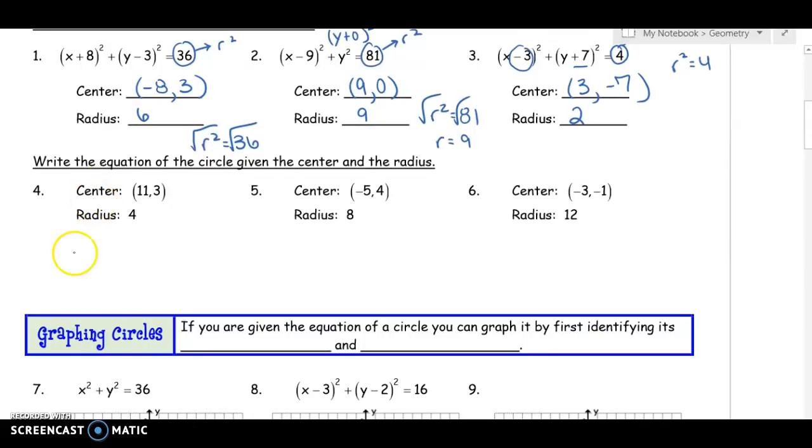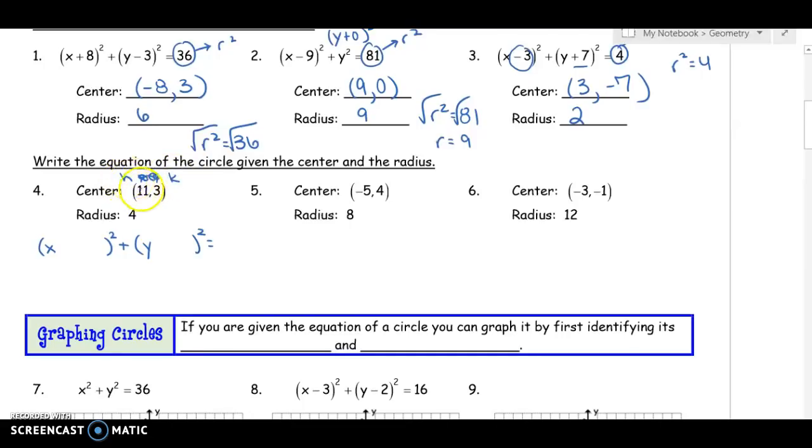All right, so when you're doing the reverse, we're writing the equation given the center and the radius. Okay, what's going to happen is the first parenthesis is going to have an x, it'll be quantity squared, and the other parenthesis will have a y, quantity squared, equals, and it'll be radius squared. Again, this number goes with the x, and this number goes with the y. So, got your h and your k.